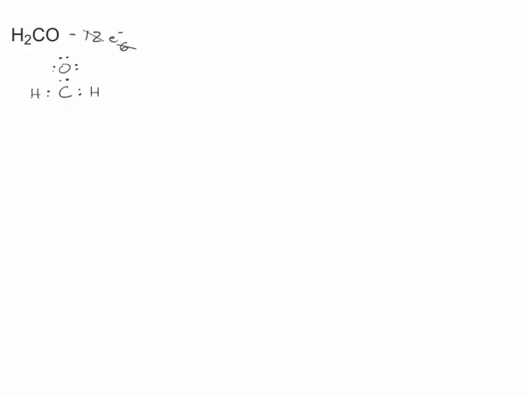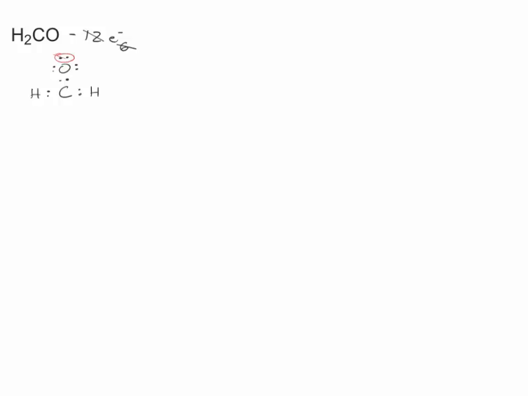It only has 6. In order to fix that, what we must do is share more electrons between atoms that are happy and the carbon. The only place this is possible is from the oxygen. So we're going to take one of the extra pairs on the oxygen, let's say that pair there.